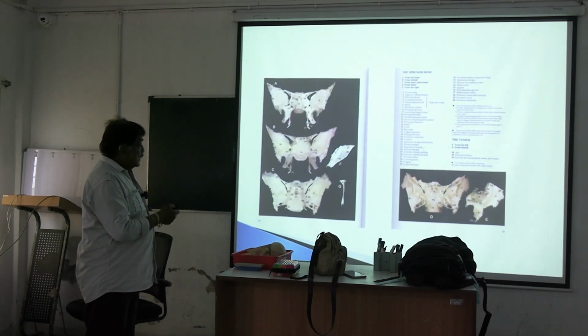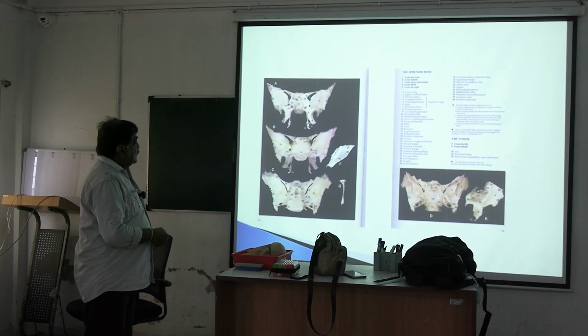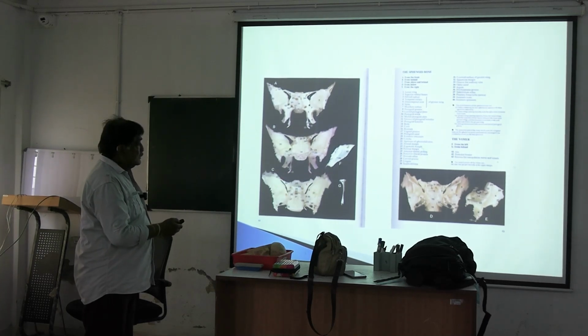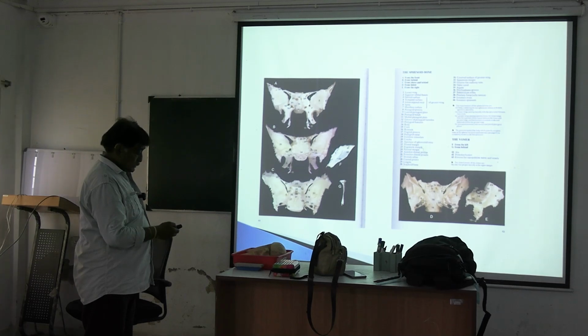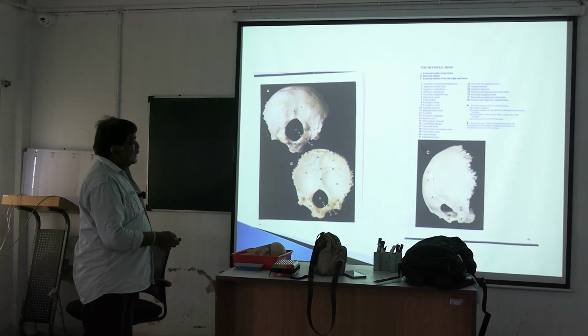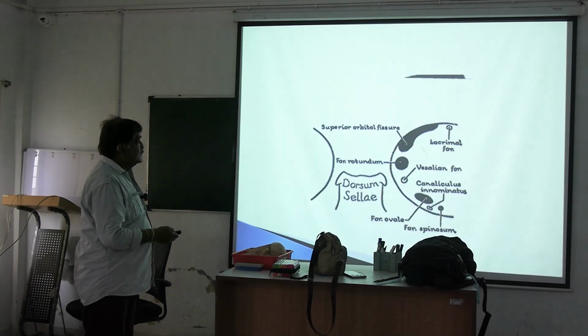Now, these are the sphenoid, different aspects. Now this is the occipital bone, in different views: this is the internal surface, this is the external surface, this is the lateral surface.